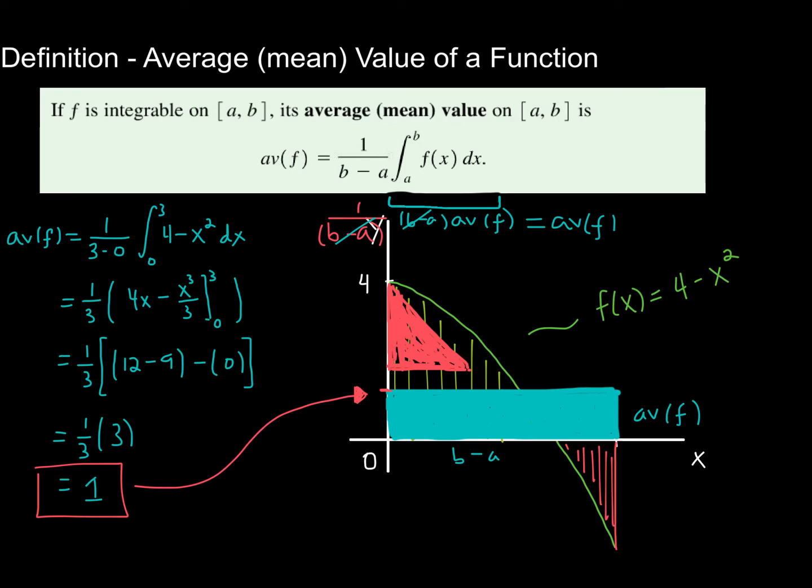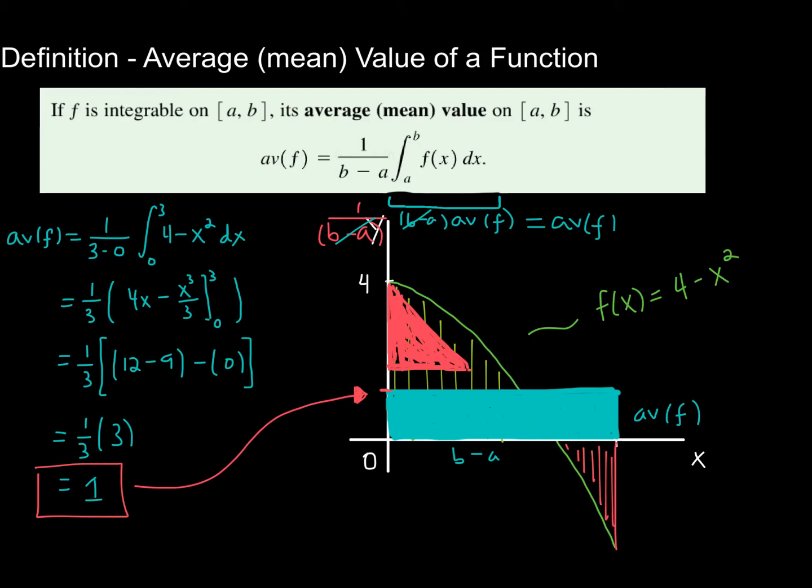It's really remarkable that something as complex as averaging an infinite number of y values from our function can be so easily computed. Now, one last thing to note is that our function pretty clearly takes on its average value, in this case once, along the interval we're considering. And we can prove that thanks to the intermediate value theorem.